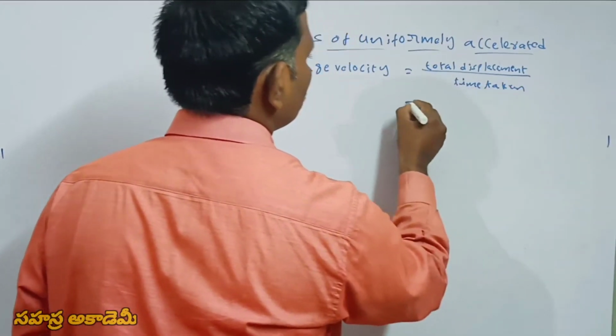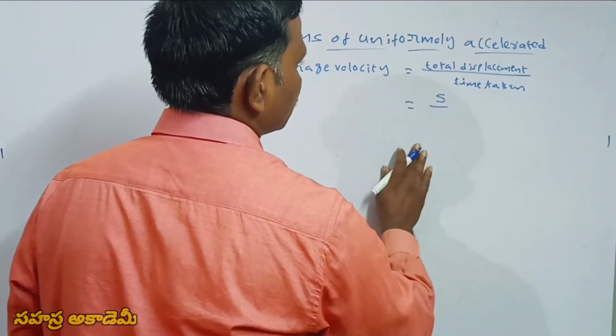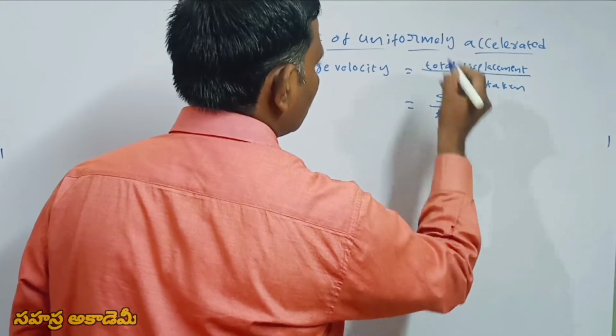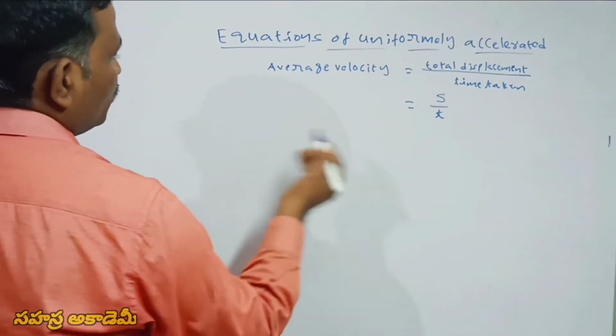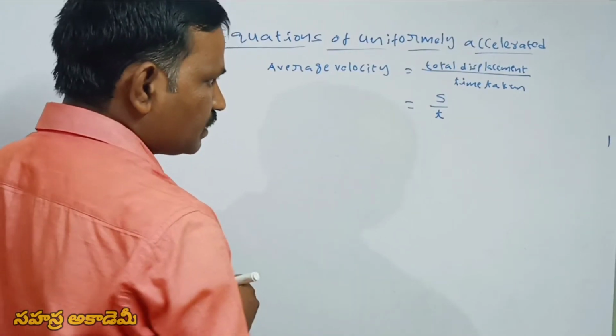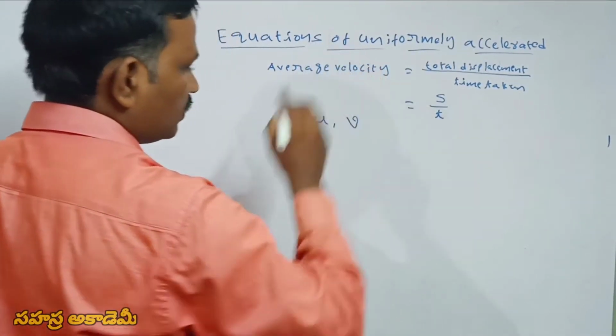Here the total displacement is s, and it has taken time t. Already I told you we have two velocities here: the initial velocity is u and the final velocity is v.